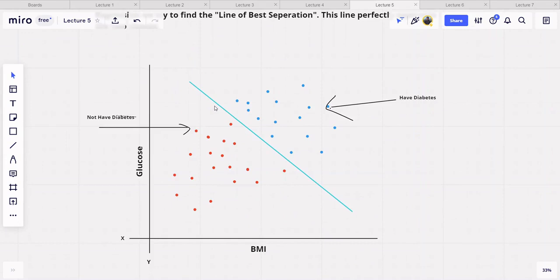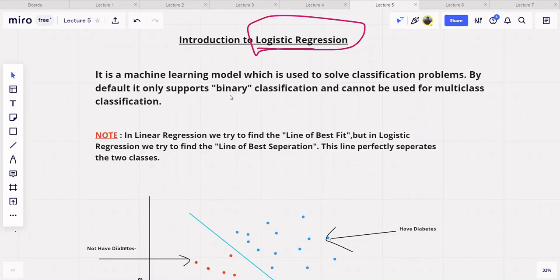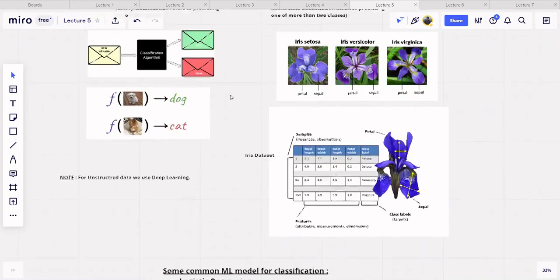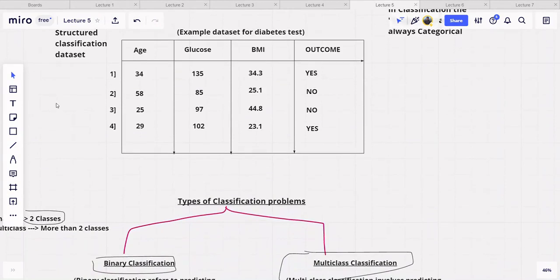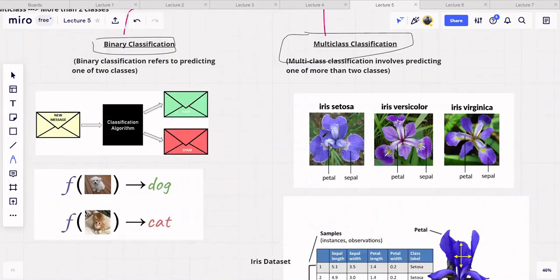Now what will happen here is, if we give a particular data, for example if we give the logistic regression model this data and tell the model to predict the outcome, then the prediction will be a probability value.